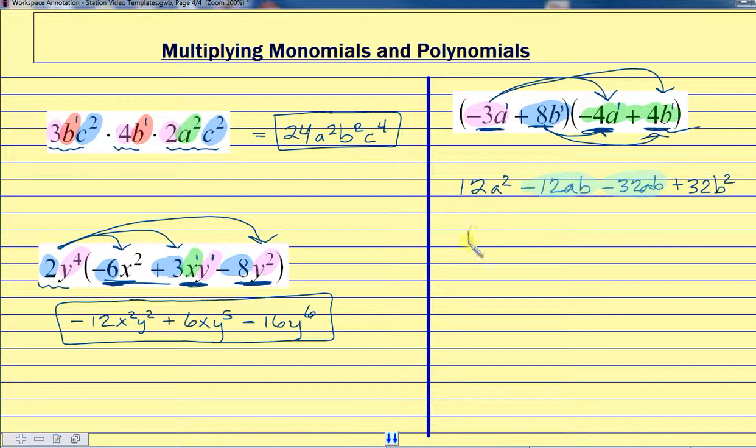So we'll bring down 12a squared, and then negative 12 minus 32 is going to give us negative 44ab. When we combine like terms, powers don't change because we're not multiplying, we're adding or subtracting. And then positive 32b squared. There's our final simplified trinomial that we ended up with.